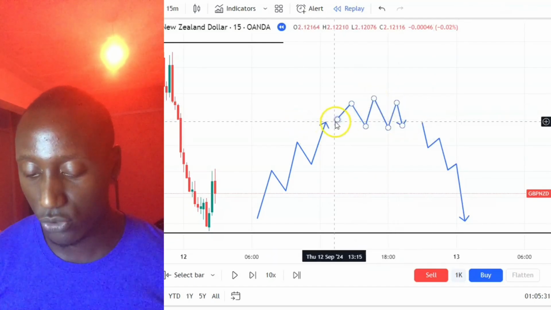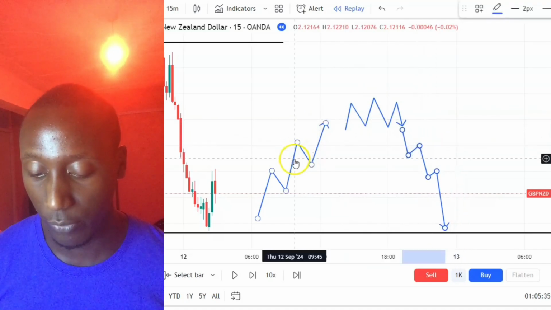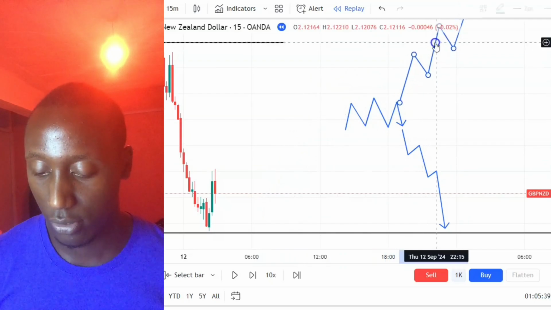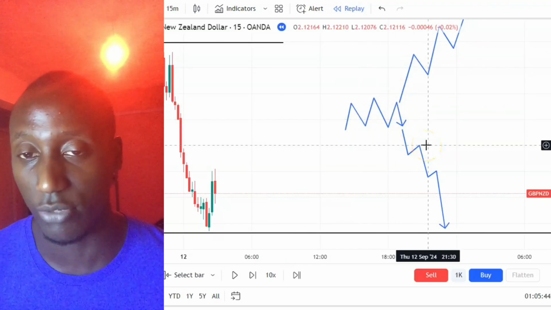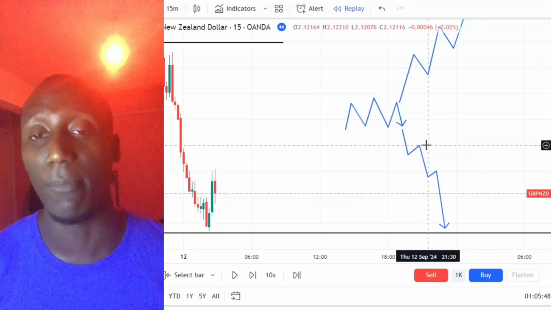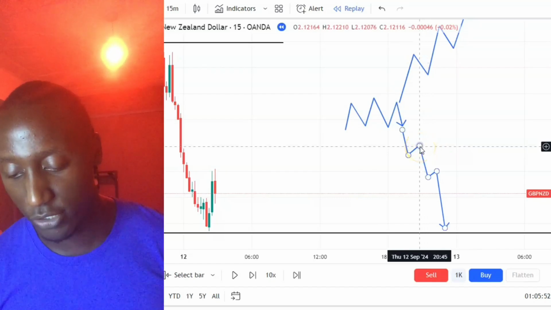So if we are in a consolidation, we can go down or we can go up. Like that. So this is how price moves. You never know which direction it will take, but if you have an edge in the market, you can anticipate some moves.